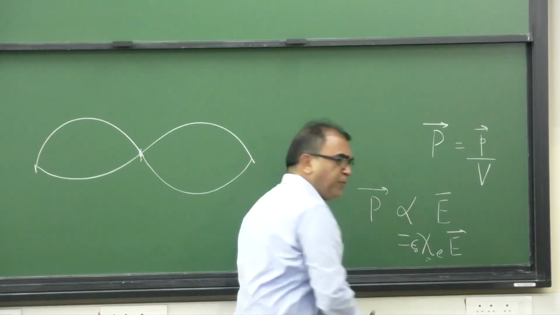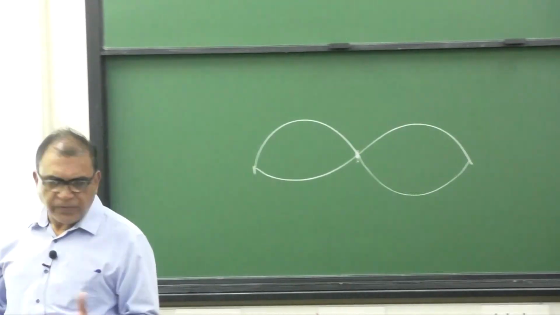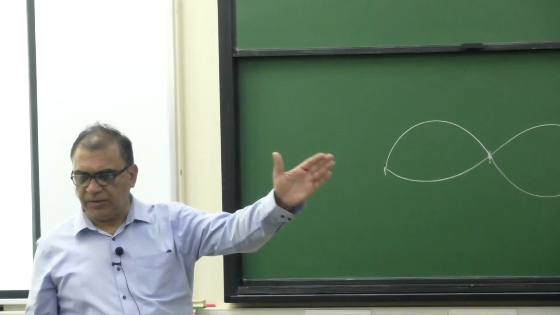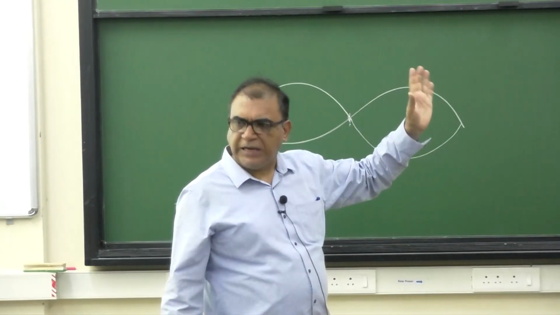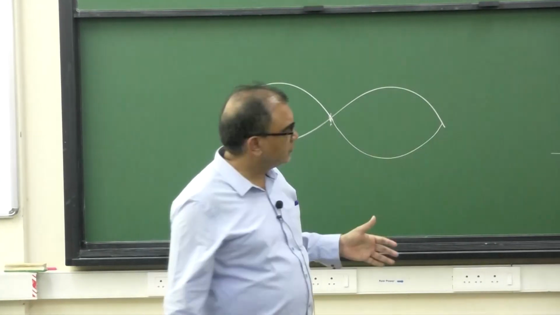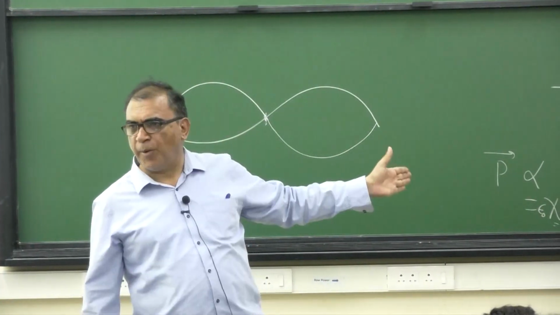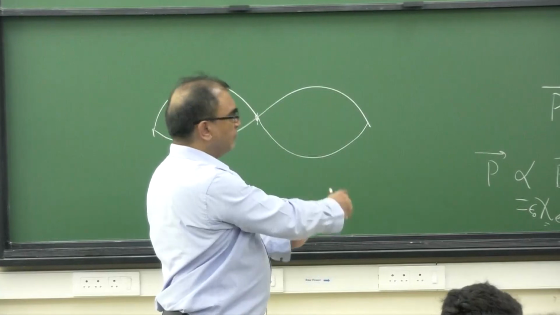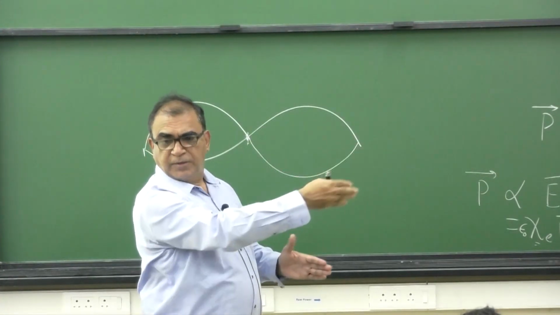This epsilon naught comes for balancing the units of P with the E. So that's where the chi comes. It's known as electrical susceptibility. There is a magnetic susceptibility also later, so a similar equation would come. Magnetization is proportional to B or something, H or something.